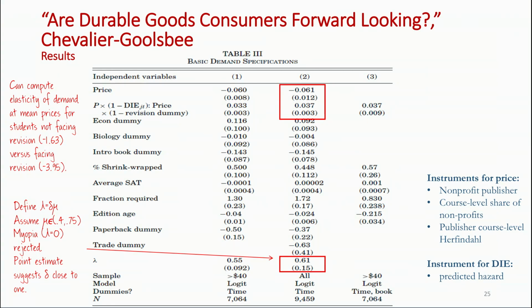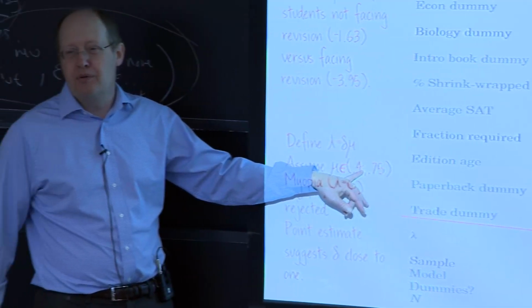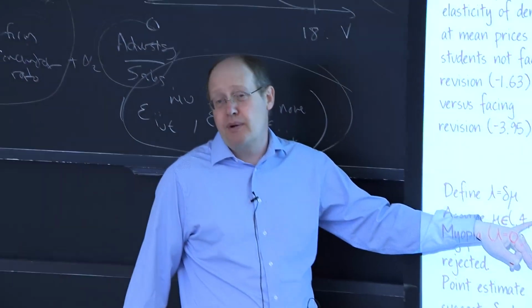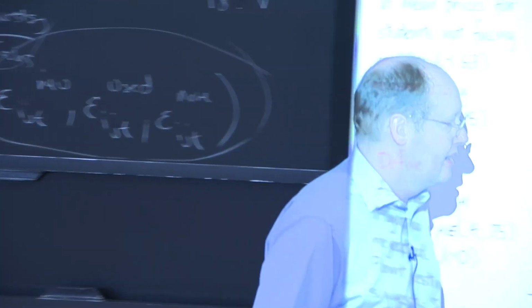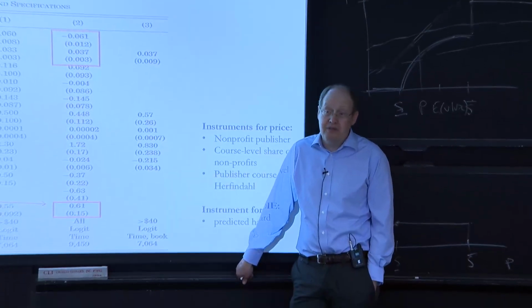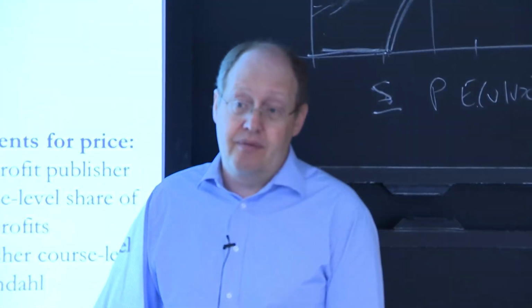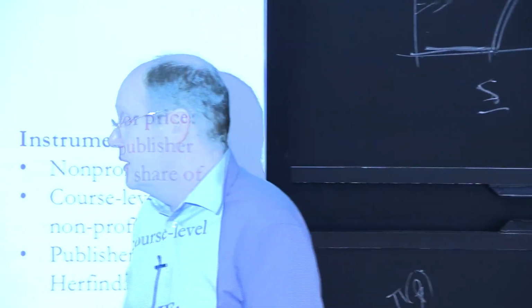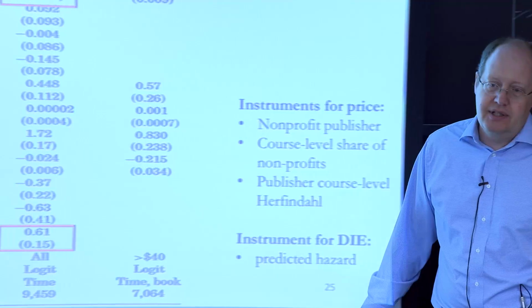If you estimate that lambda is 0.61 and you think that mu is in this range, that tells you mu is not 0.4, mu is bigger than 0.4, and delta is pretty close to 1. So the estimates indicate that consumers must be fairly close to all being forward-looking and putting a very large weight on that revision probability, because they're reacting a great deal to books that are about to die.